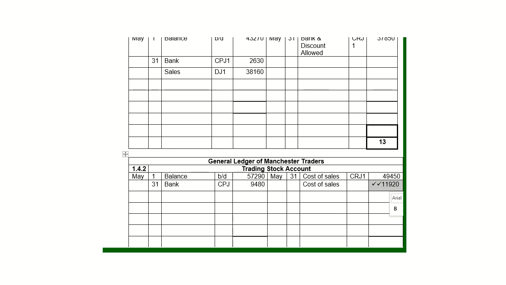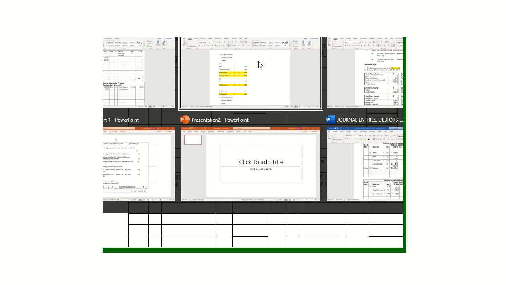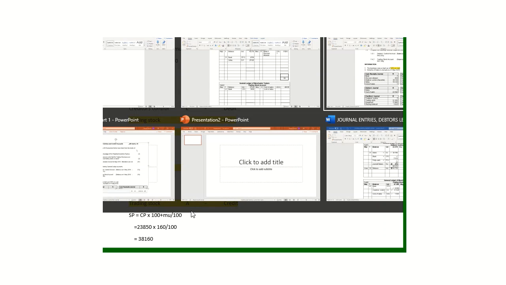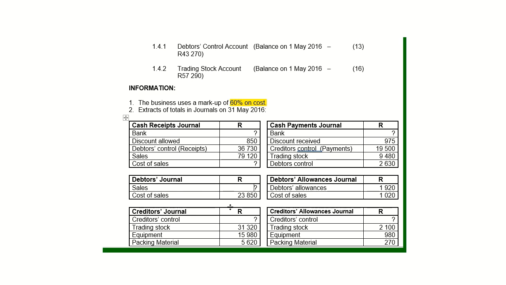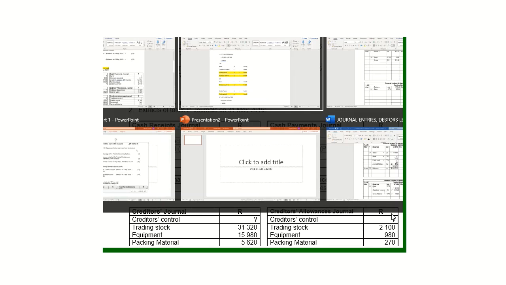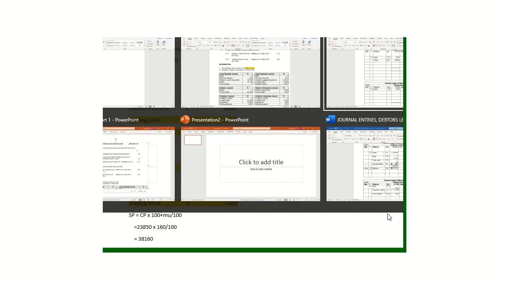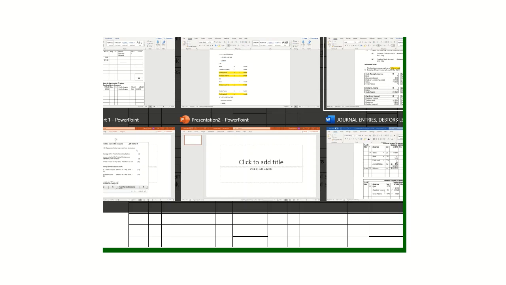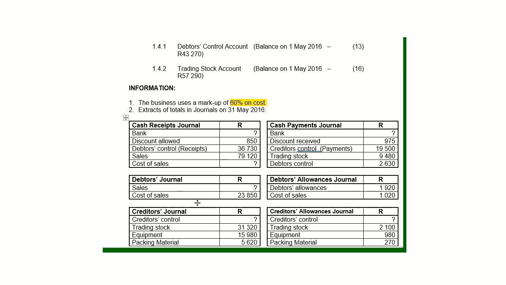Cost of sales, and that figure, the cost of sales was 23850, and that comes from my DJ1. So I've done all the transactions on the DJ, both of them.